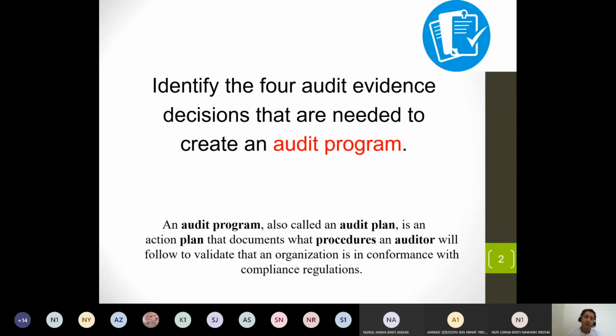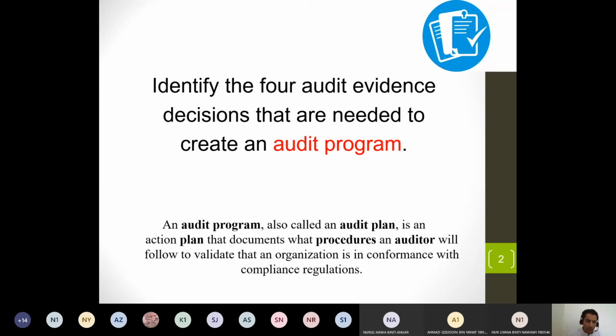First, we need to know what the audit program is. Audit program is also called audit plan, and it is a kind of action plan. What the auditor will do in terms of documents and collecting the evidence and running the tests, and how many samples and how much effort the auditor needs to do, and all of that.